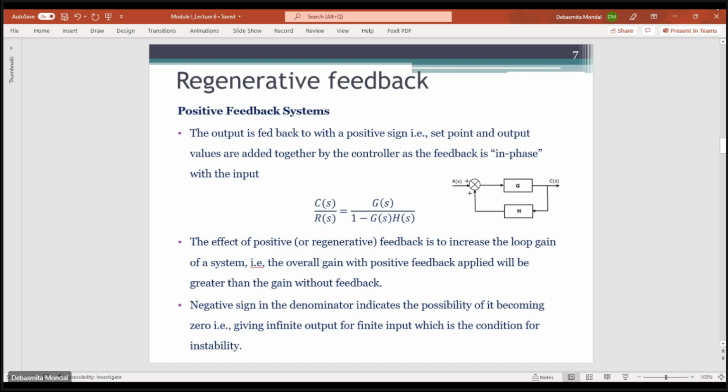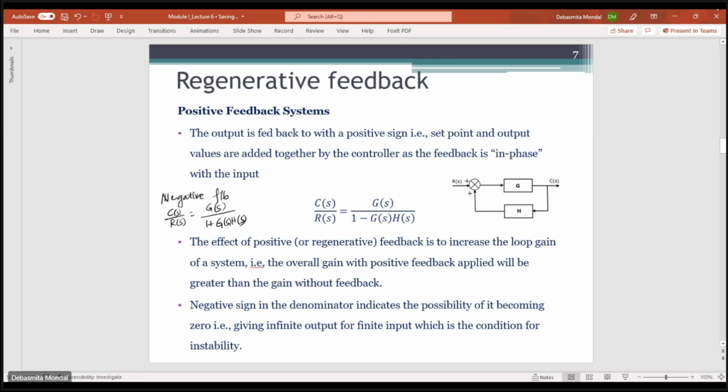Now, the transfer function. For a negative feedback system, the output C(s)/R(s) was equal to G(s)/(1 + G(s)H(s)). But in case of a positive feedback system, the expression changes.